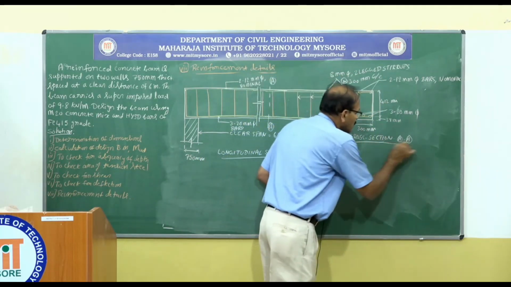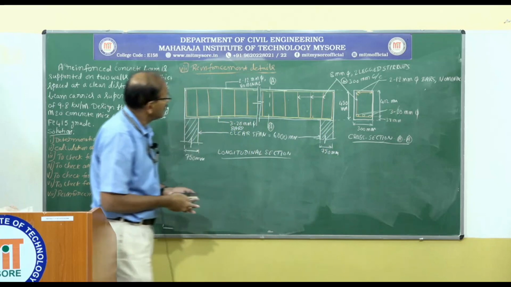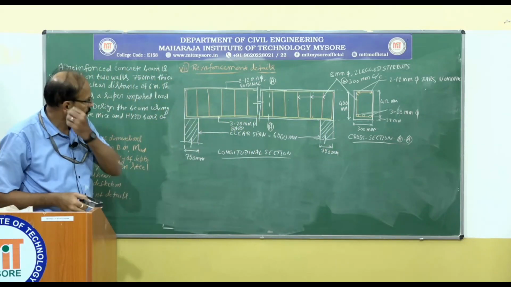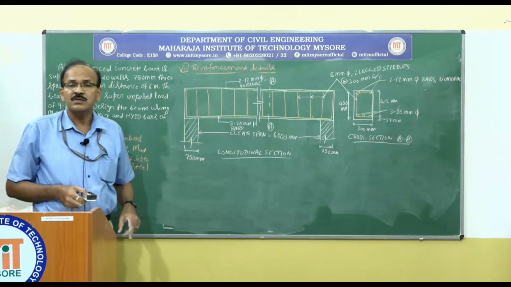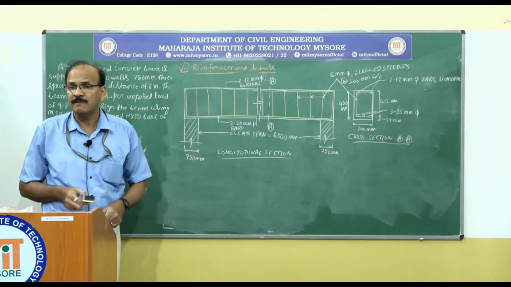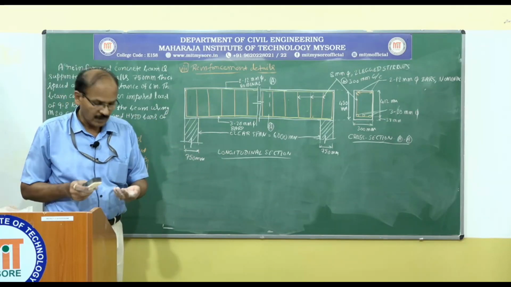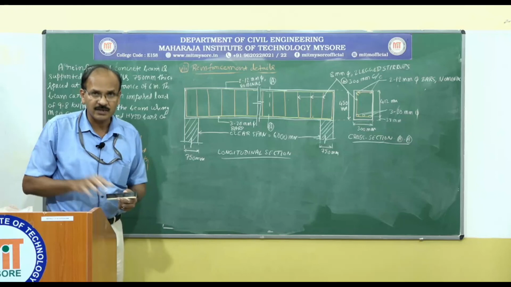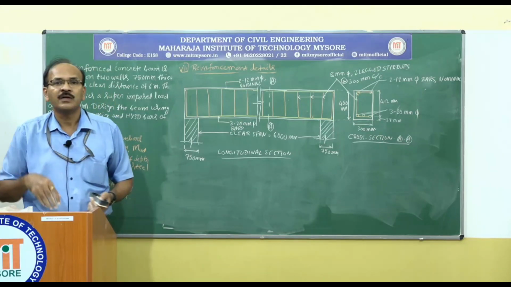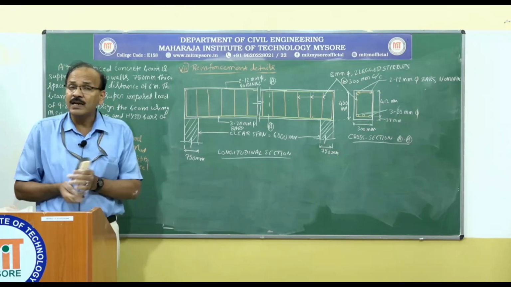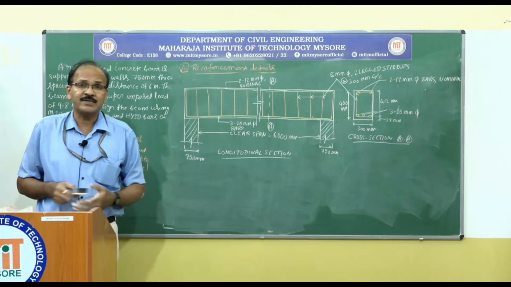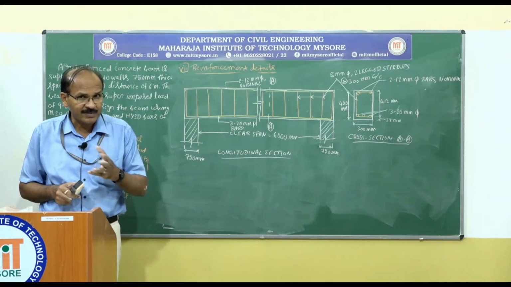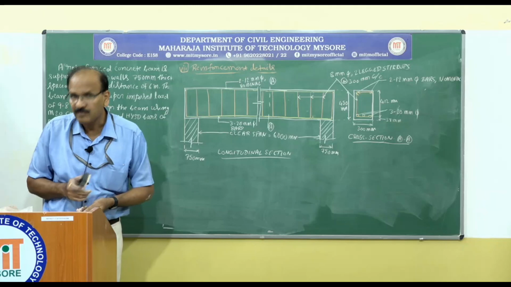So this completes the problem. Please write down this. This is very important. Any design without a drawing is completely useless. So thank you. We'll take up another example, that is a cantilever example, in the next class. Thank you.